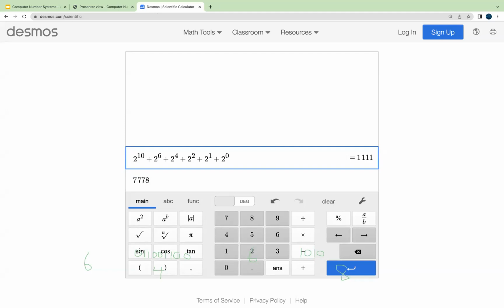In this case, we might actually need larger powers of 2. Okay. Let's delete all of these since we have to prioritize larger powers.